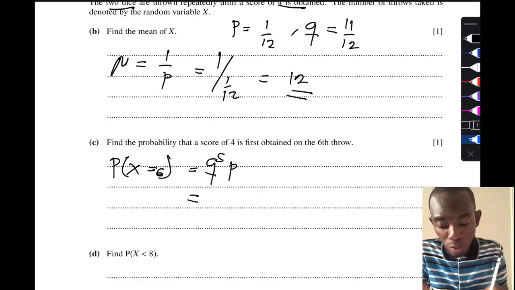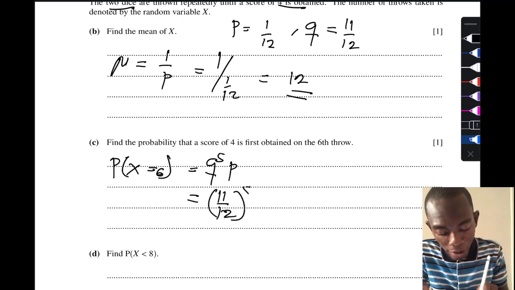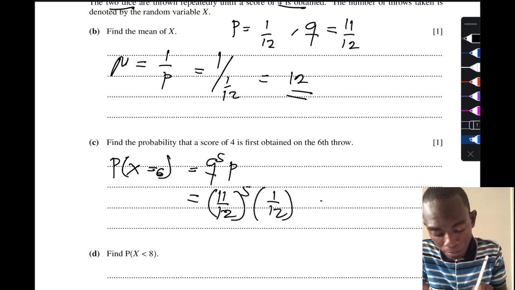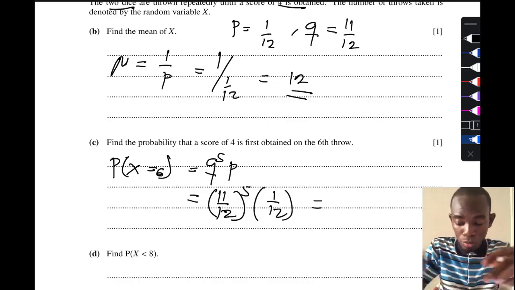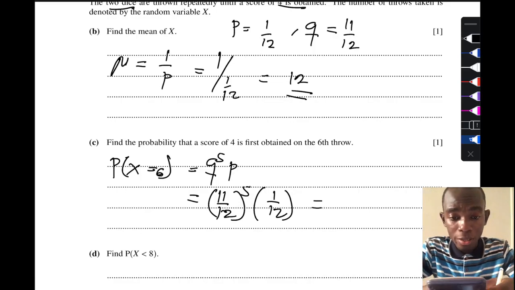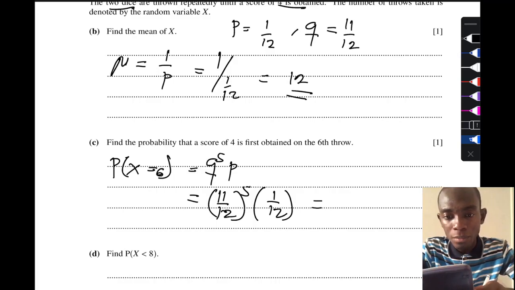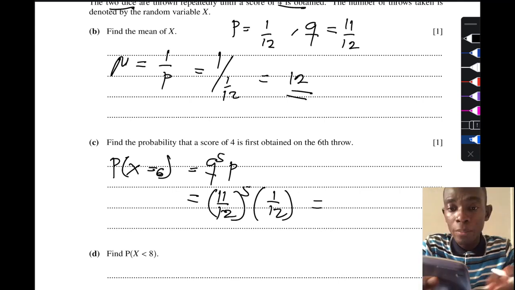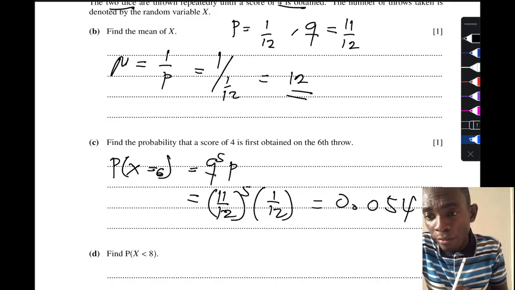We know that your failure, q, is 11 over 12, so it is 11 over 12 to the power 5 times your success, which is 1 over 12. All right, so this one, just put it on the calculator, don't think too much. According to my calculator, the answer is 0.054, to 3 significant figures.